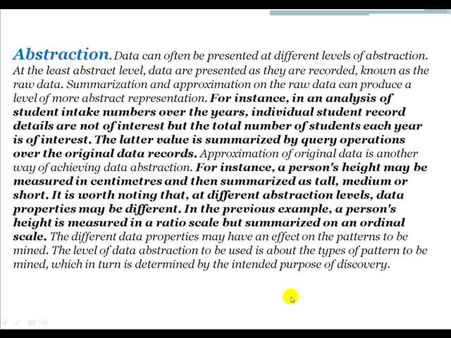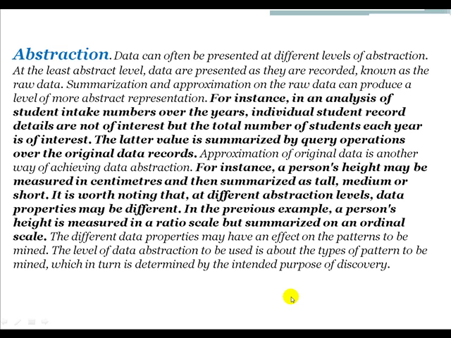The different data properties may have an effect on the patterns to be mined. The level of data abstraction to be used is about the types of patterns to be mined, which in turn is determined by the intended purpose of discovery.